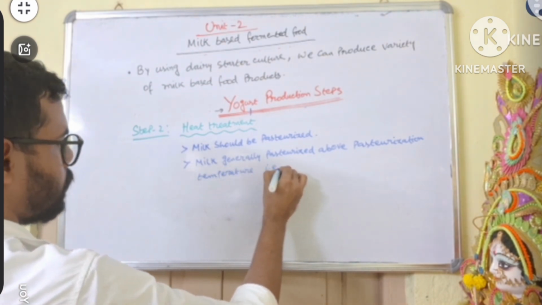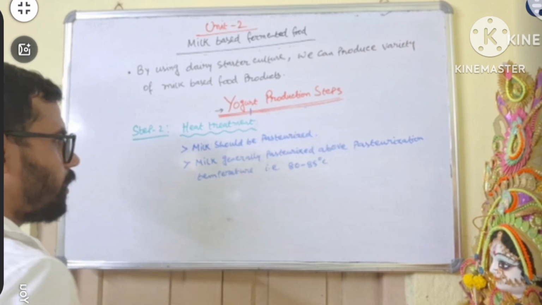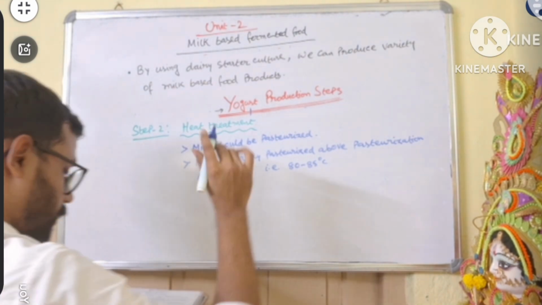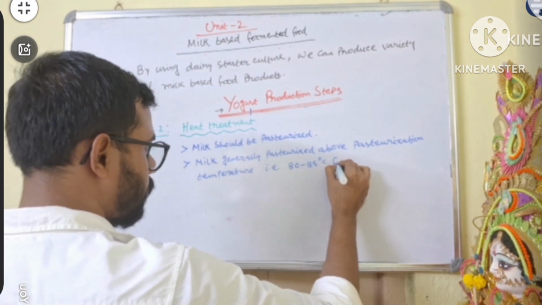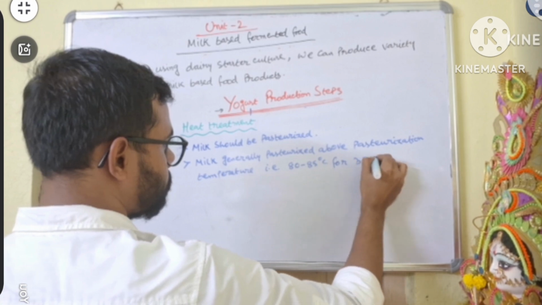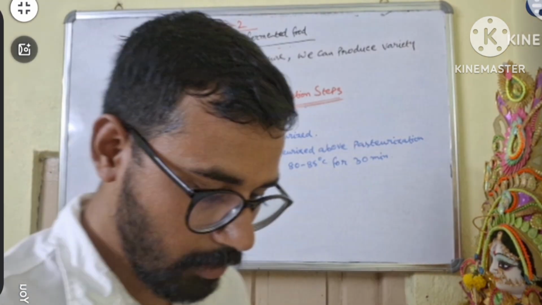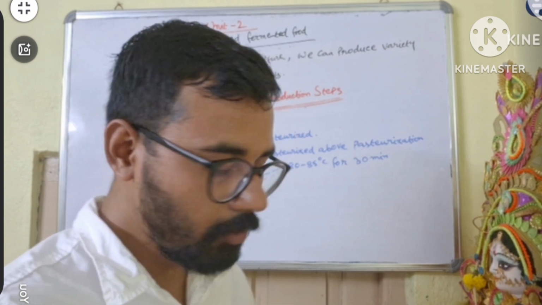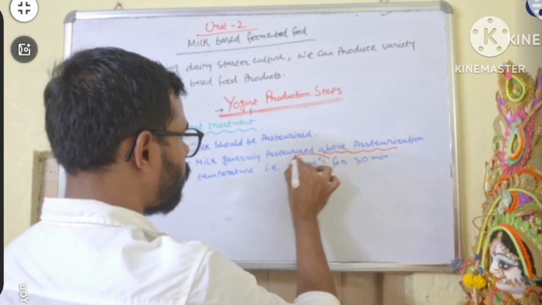That is 80 to 85 degrees centigrade temperature that we now use to heat treat the yogurt milk, 80 to 85 degrees centigrade for 30 minutes. We are pasteurizing the milk, but the temperature we are going to use is above the pasteurization temperature.